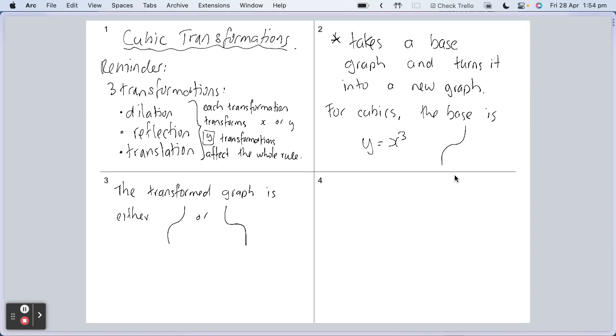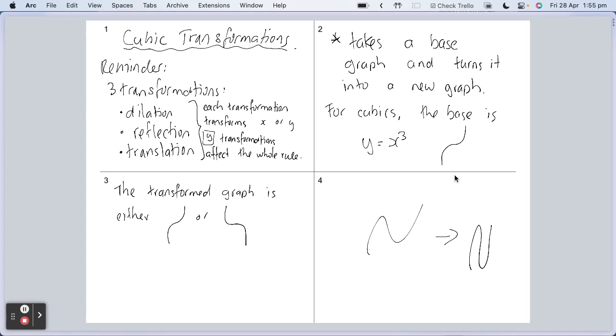My point is that there is another shape, right? There's this shape here for a cubic, yeah? So my point is that when you transform the base cubic, you'll get something with an inflection in it. You won't get something with two turning points like this, okay? So it will only transform to this. Of course, you can transform any function. You can transform a cubic that looks like that into a different function that maybe looks like that, but neither of these are considered the base function y equals x cubed.